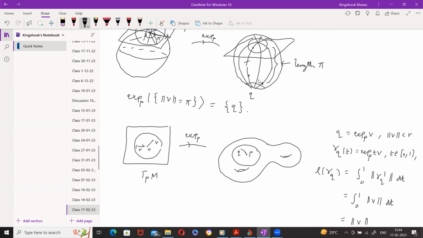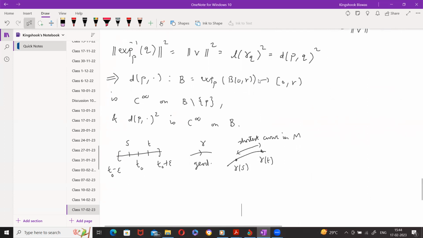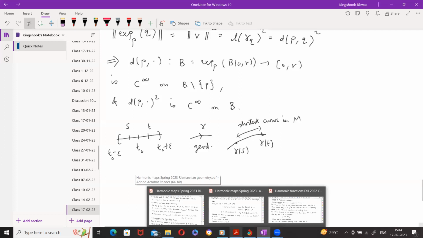If I take any two close enough points on the geodesic, then this geodesic will be the shortest curve between these two nearby points. Okay. Is this all right? Yes. Is it clear? Yes, sir, it is clear.